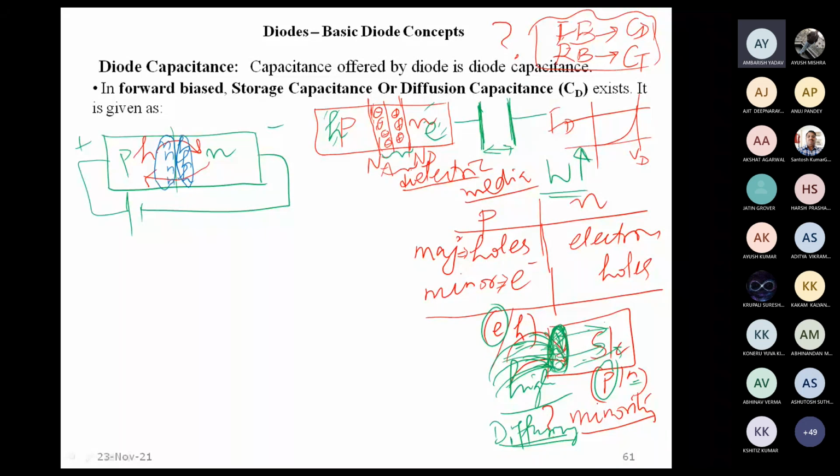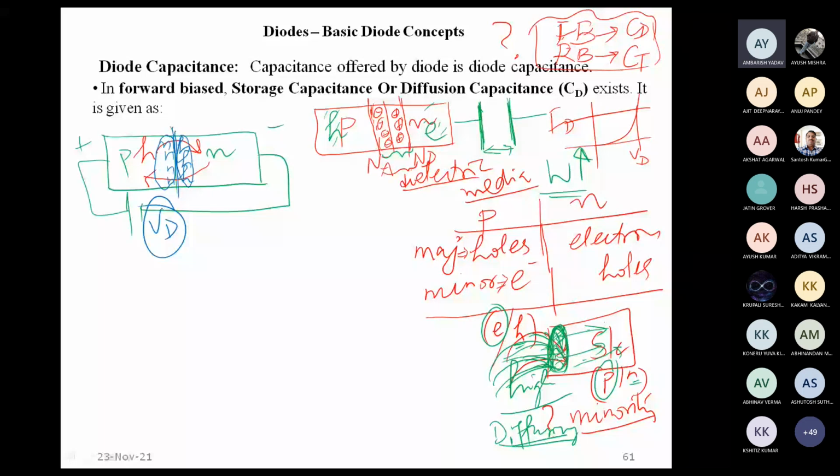So just across this boundary, we see a huge amount of such charges, holes on the n side and electrons on the p side. As we change the voltage, this accumulation of charge changes, and so we again say that this leads to a capacitive kind of nature.